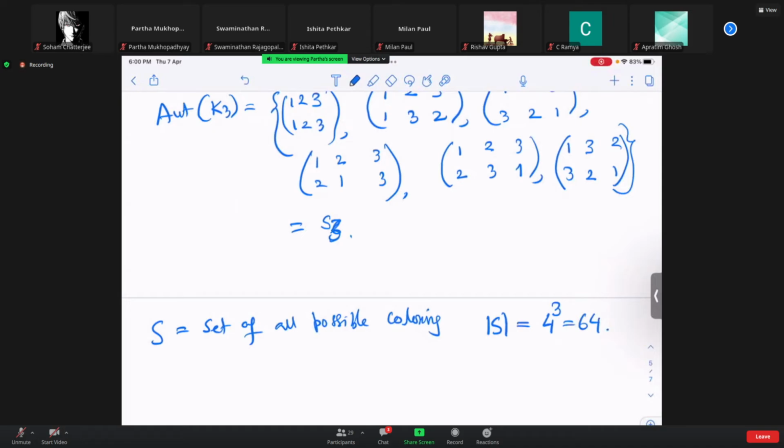Your group, the automorphism group of K3, is acting on this set, and it leaves a few things indistinguishable. So what are the indistinguishable elements, by this abstract definition? The group of automorphisms is acting on a set of colorings, where one coloring can be moved to another coloring by an automorphism.